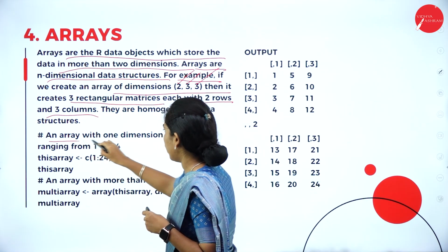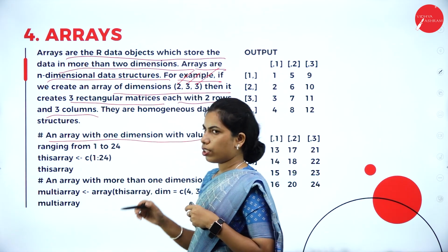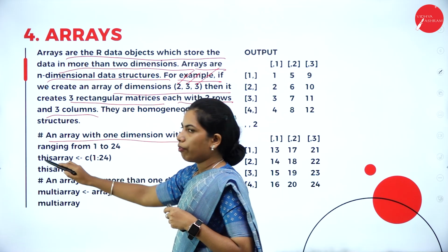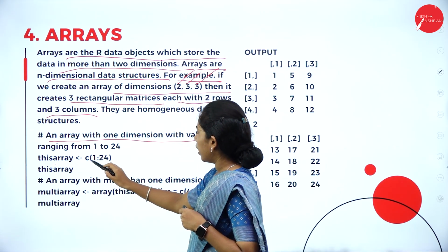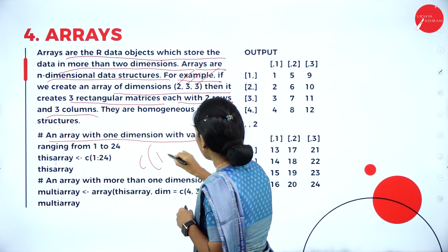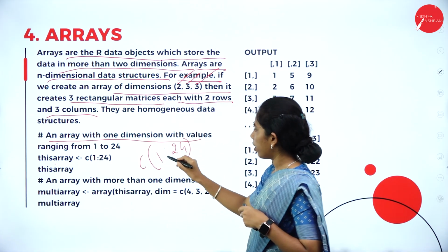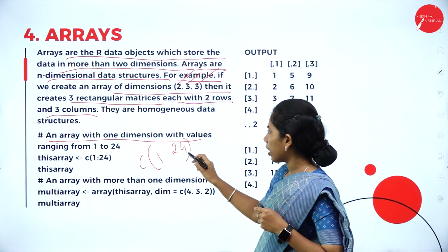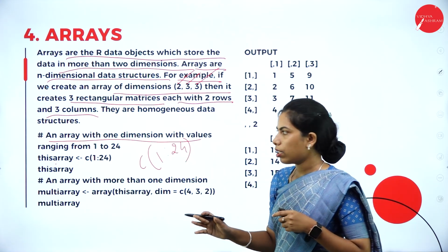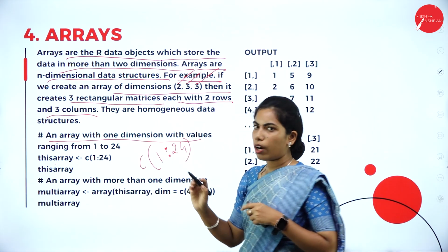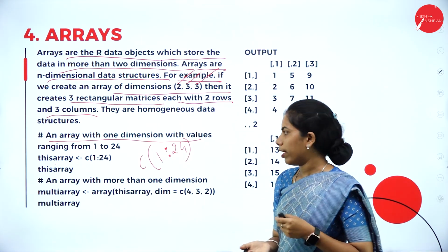Here you can see one example illustrating one-dimensional arrays. This array is my variable name, and I call c of 1 colon 24. This is called a range: from the first element we organize up to 24 elements. When I use a colon here, it symbolizes a range or a sequence.